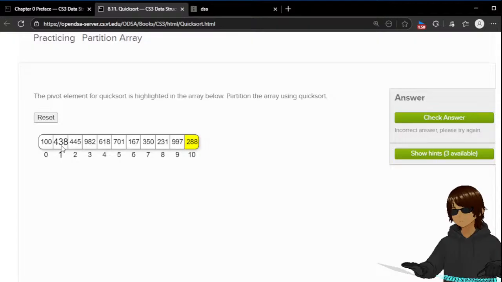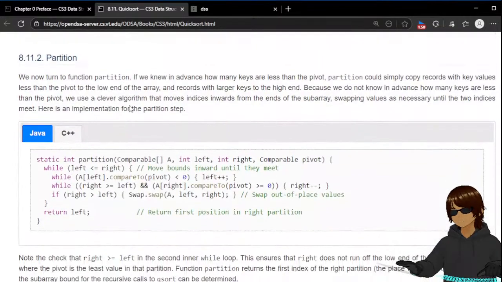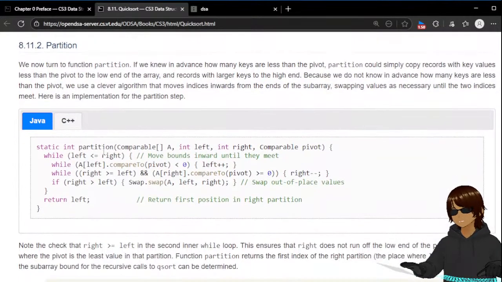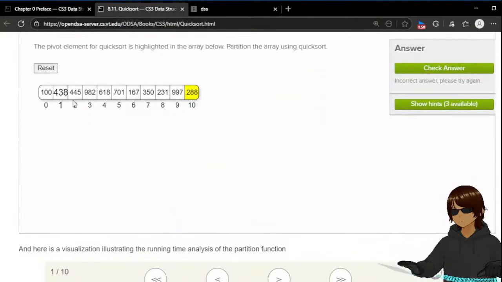So starting with 438. We start with the left one, right? Partition: left is less than or equal to right. Left compared to pivot. So less than 0, left plus plus. Right has to be more than 0. So left is less than 288. So we increment left. And now the left pointer points at 1. 439 is more than 288, which is fine.